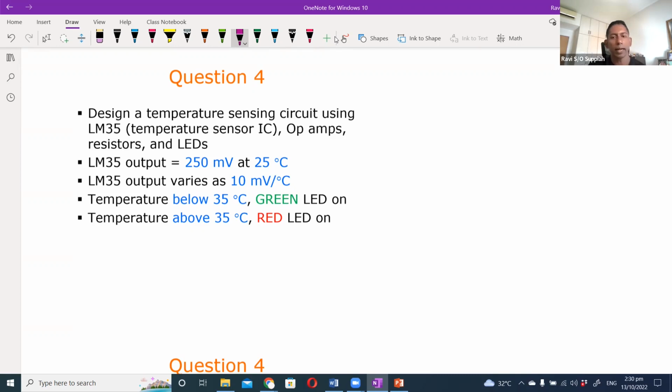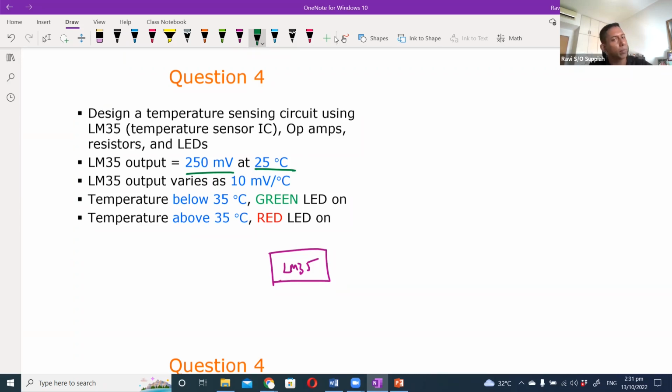We have an LM35 sensor, and it provides an output such that at 25 degrees Celsius it is 250 millivolts, and it varies by 10 millivolts per degree Celsius.